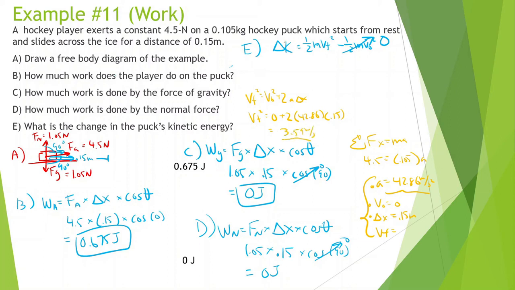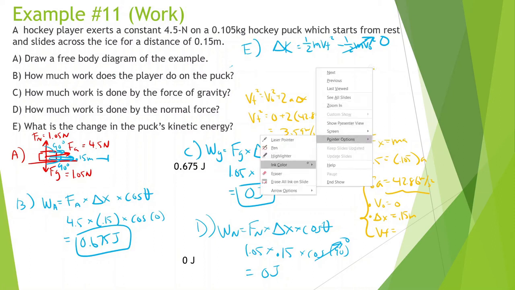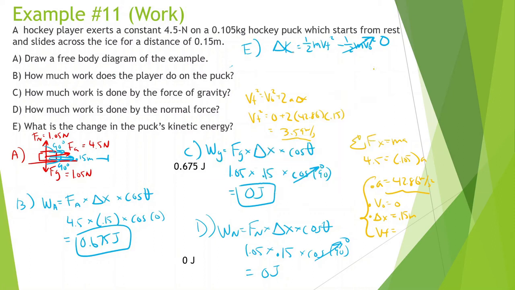Now that we know that, let's plug it back into this equation. Change in kinetic energy is equal to 1/2 times mass, 0.105, times 3.59 squared. And we get around 0.676.